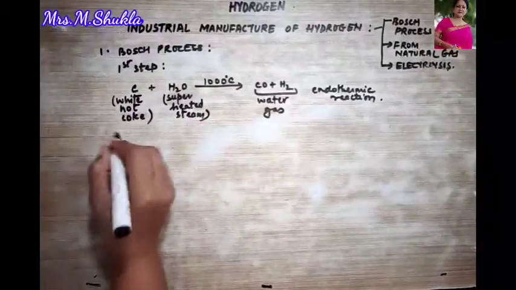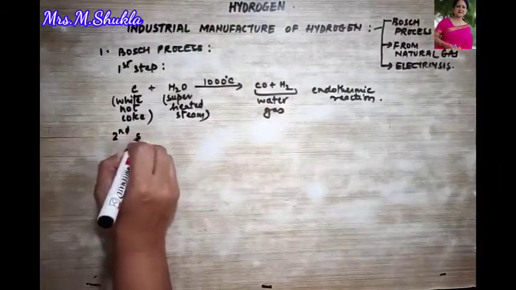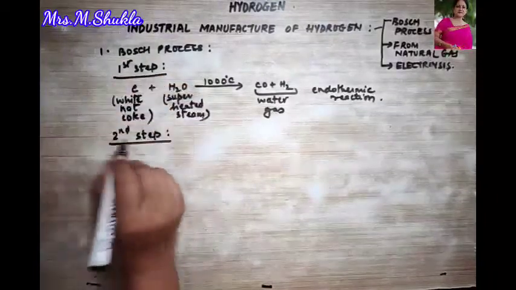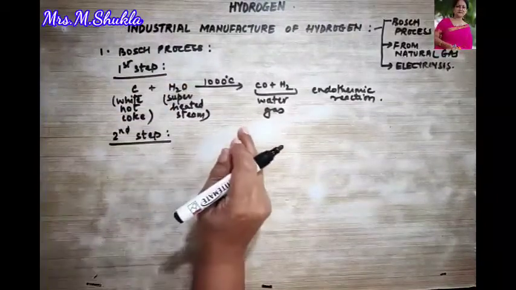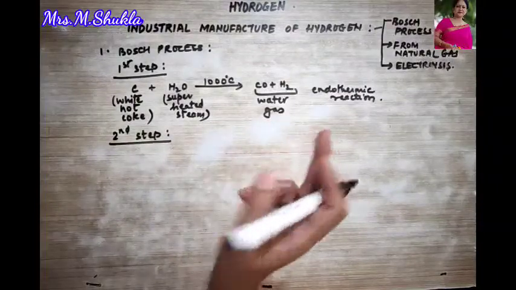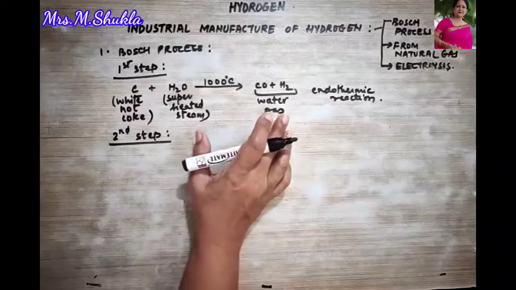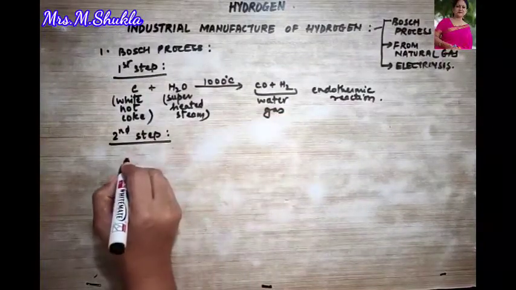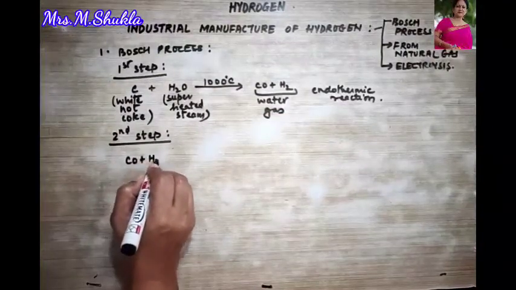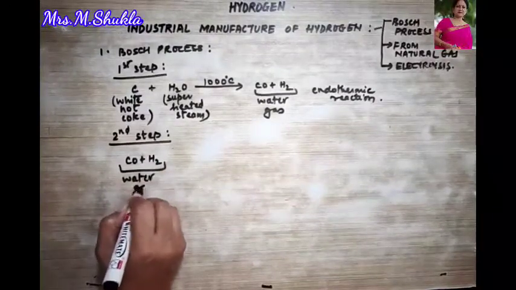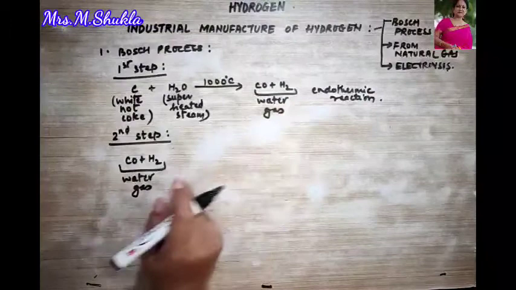Clear? Then we come to the second step. Now, what happens in the second step? Here, the reduction of the steam to hydrogen takes place by carbon monoxide of the water gas. So this water gas, that is CO plus H2, is the water gas I am talking about.